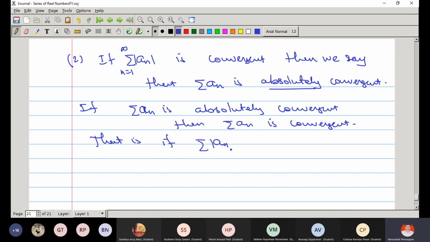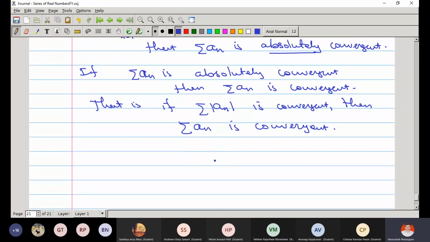If you take absolute values of terms and it is convergent, then if you don't take absolute values, it is also convergent.